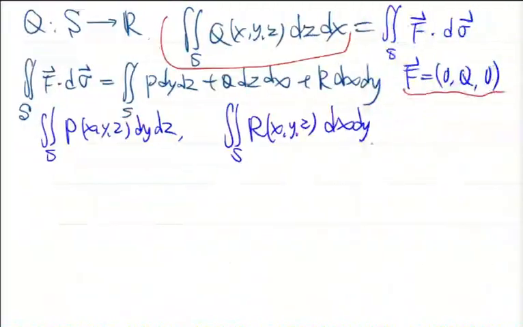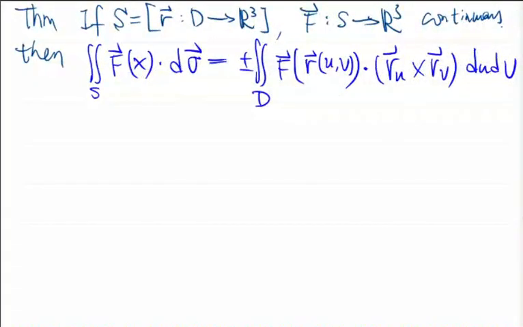Given a parametrization of the surface, this is a normal vector, but this normal vector might coincide with the orientation normal vector or be in the reverse direction. If they have the same direction, you take a positive sign in front of the double integral. If they have different directions, you take a negative sign.